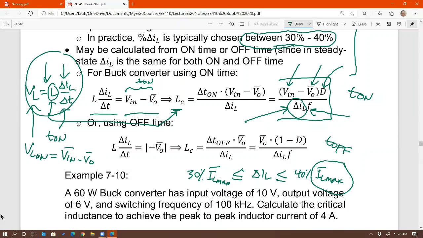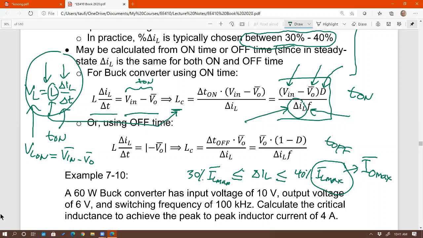Remember, in a buck converter, what is IL average equal to? In terms of output current, yes. IL max is I out max plus delta IL divided by 2. In terms of output current, IL average is equal to I out average.